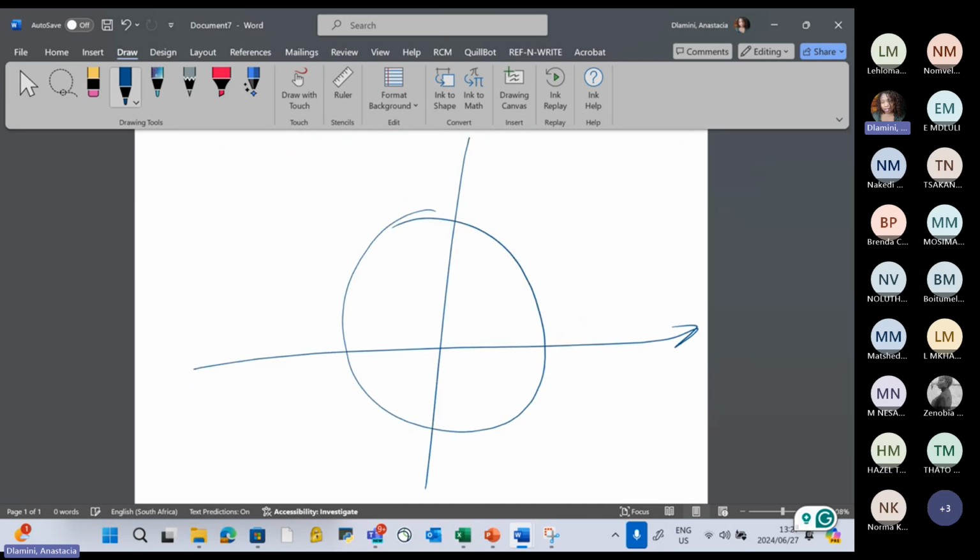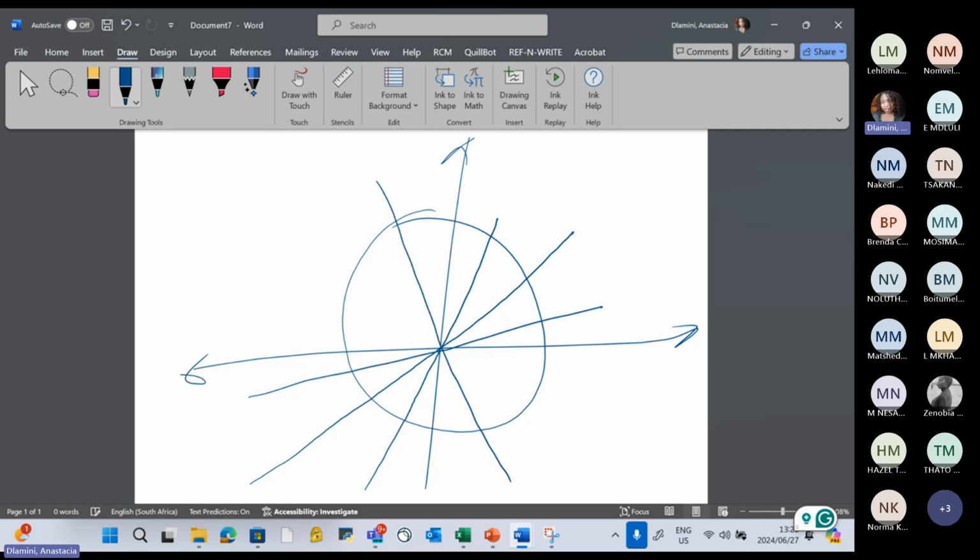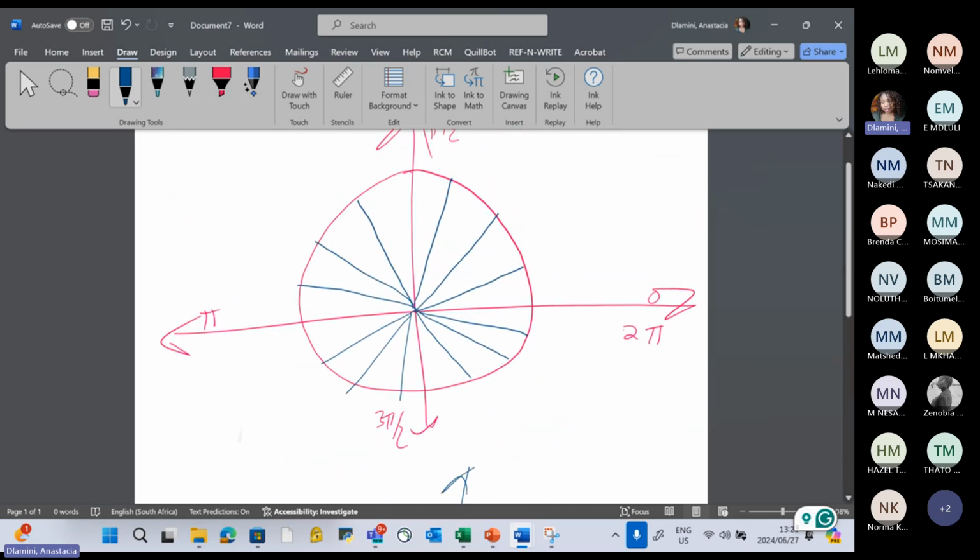If you draw them like this, they'll help us. So here we know it's pi over 6, here it's pi over 4, and here it's pi over 3.